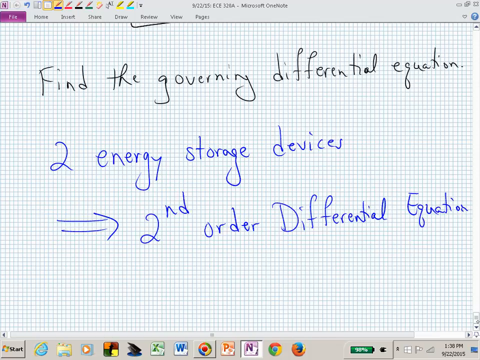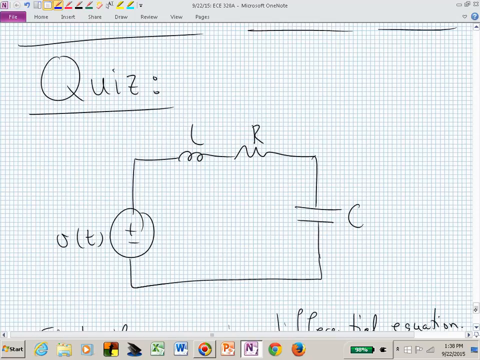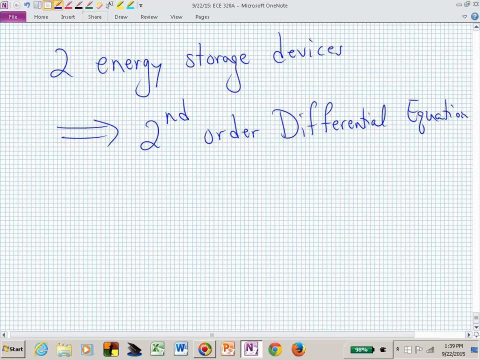And because we are assuming that L and C and R do not vary with time, this is time invariant and it's linear. It's an LTI. We have a linear time invariant second order differential equation, which means in your interview you're saying, well, if it's a second order differential equation because of the two energy storage devices, in general, let me just show you the general differential equation that this must satisfy.